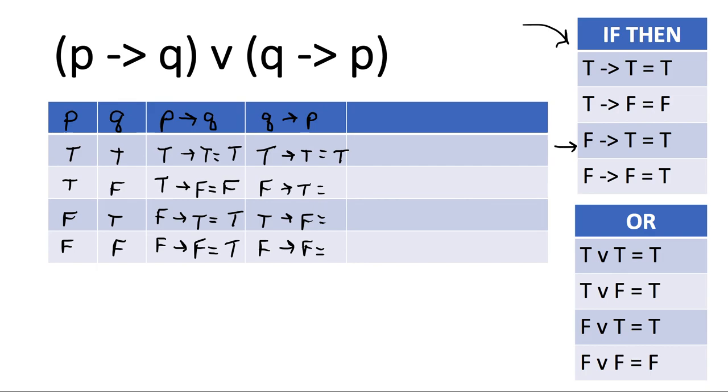That's also true. T arrow F is false. And F arrow F is true. So now we have finished the right side of the compound statement. The only thing left is to put the left side and the right side together as one statement. So I'm going to go ahead and write the entire expression.